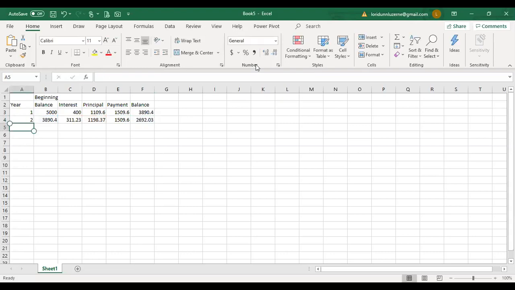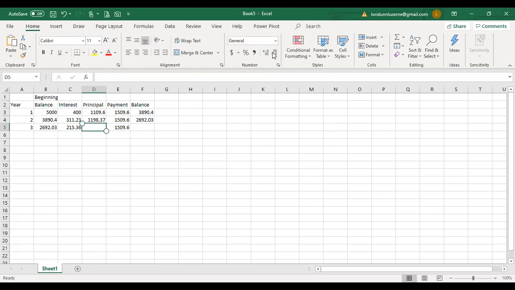So I'm just going to do the rest of this so you can see. Going to now take the new balance, F4, multiply that new balance times 0.08, get my interest, and make it so it's cents. My payment is $1509.60.